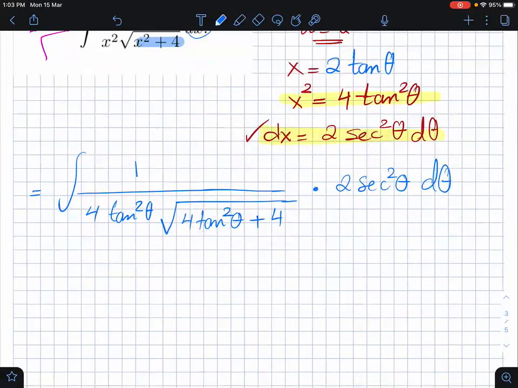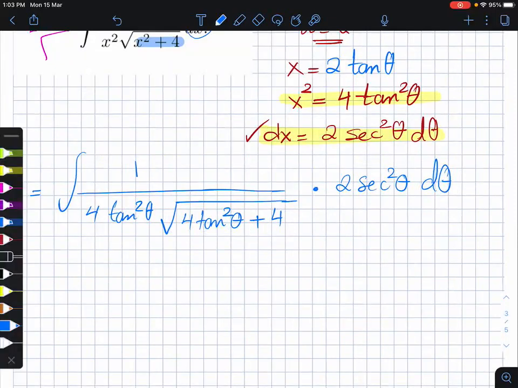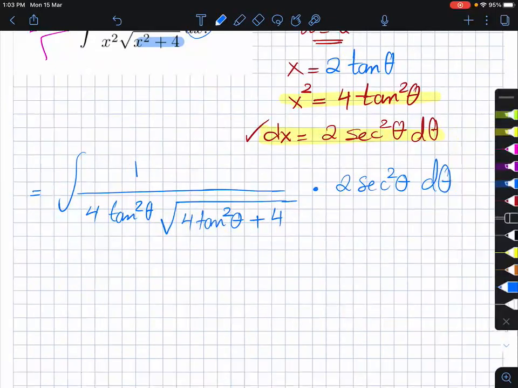Now simplify, guys. First, simplify the 2 with the 4, which gives 2 in the numerator over 4, a half.